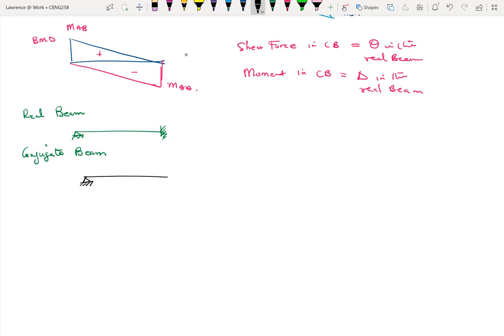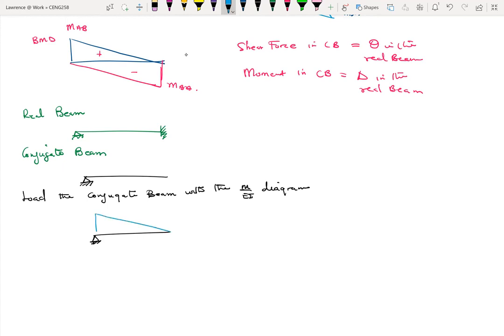So the next thing is to load the conjugate beam with the M over EI diagram. So I have my conjugate beam, then I load it with my bending moments.